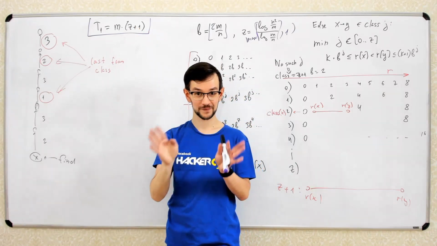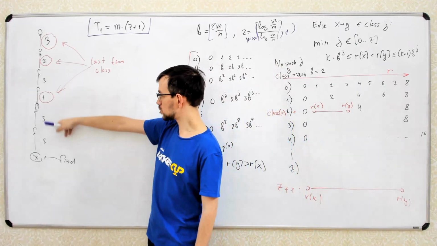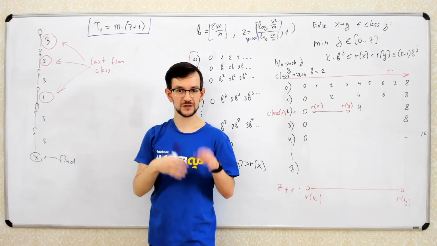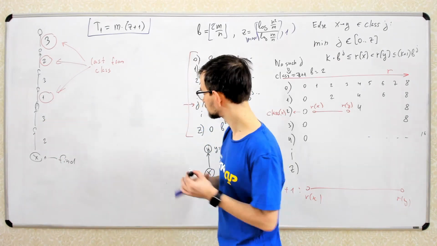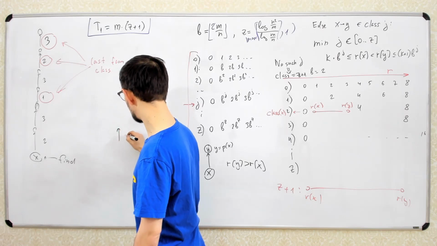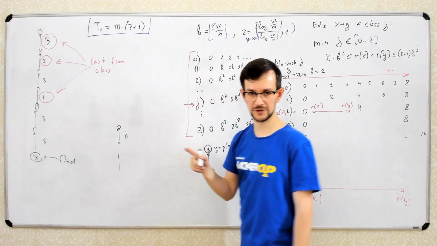This number. Cool. Now let's calculate not the last edge. So let's take some edge from not the last class. So we have some edge from class J, and it is not the last edge from this class.